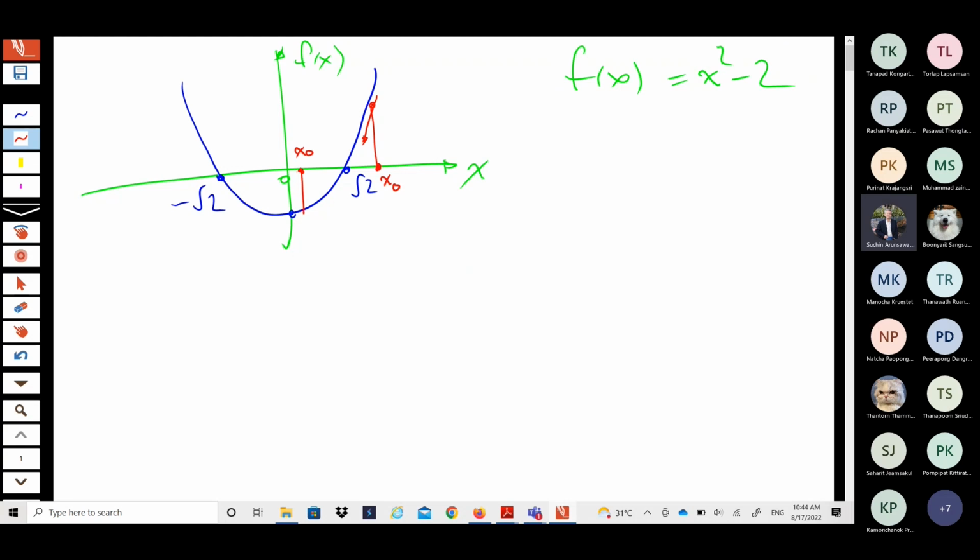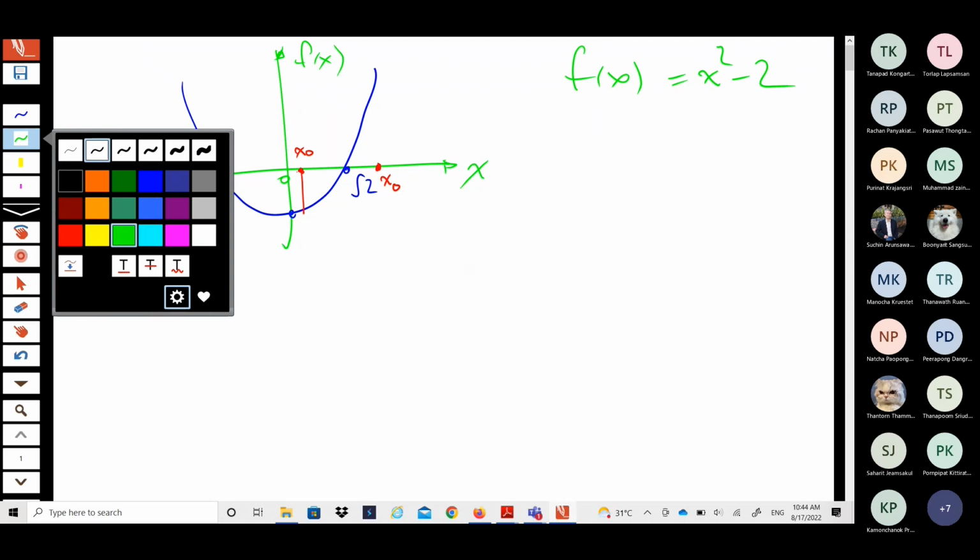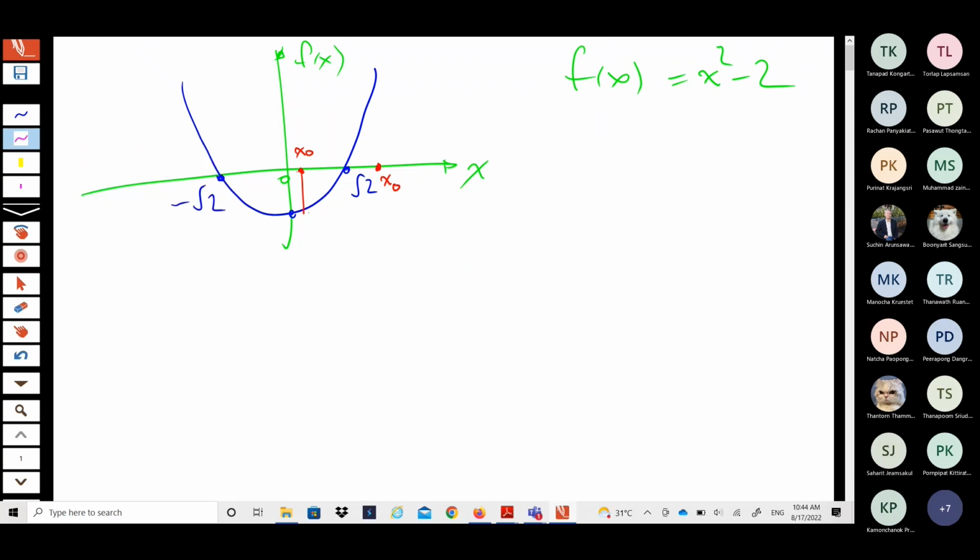If x naught is between 0 and square root 2, then you will see that it shoots to the right, goes like this.